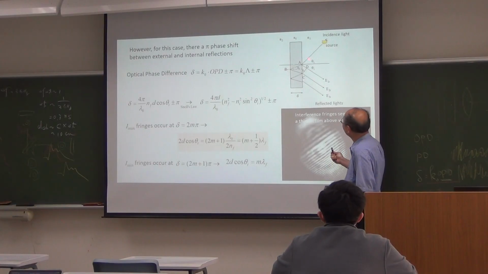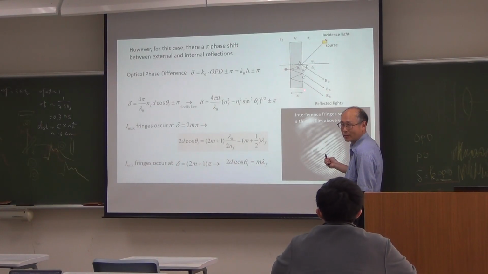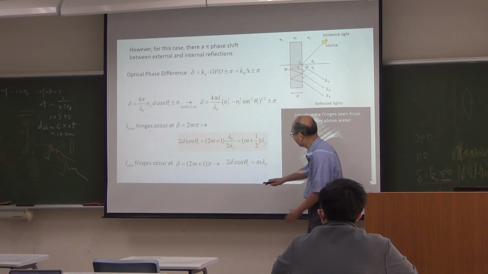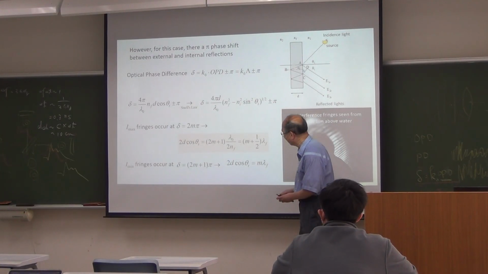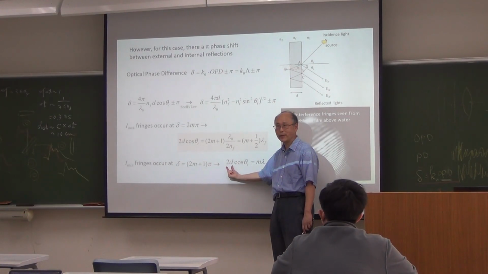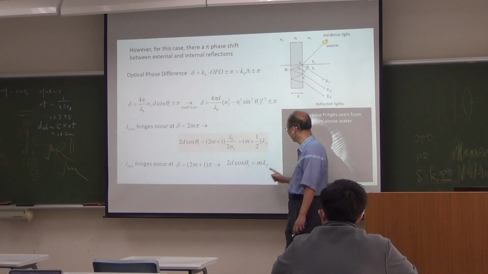You can also use this to see interference fringes. And when you see interference fringes, the thickness here, 2d cosine theta t, with cosine theta t almost 1, must be within the coherent length of this light source.